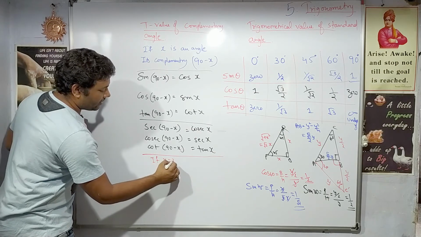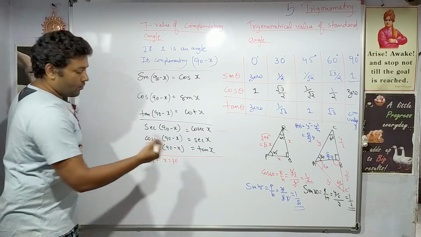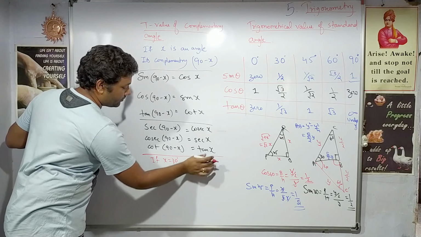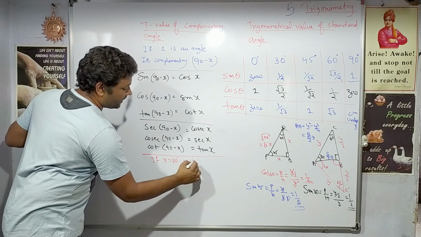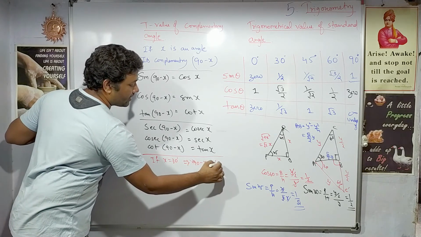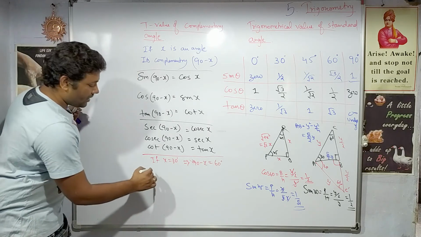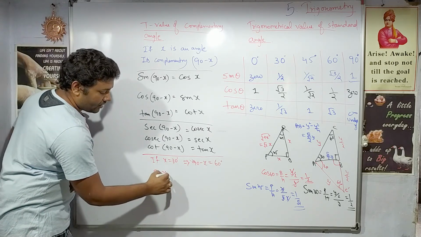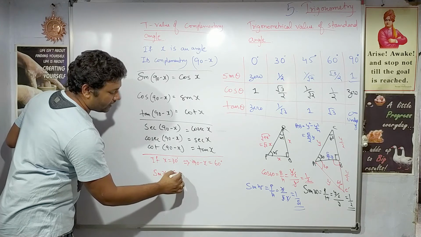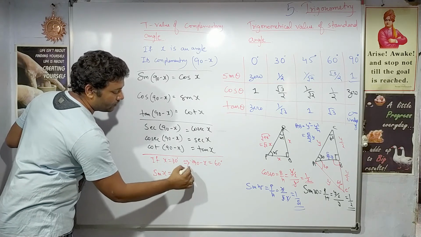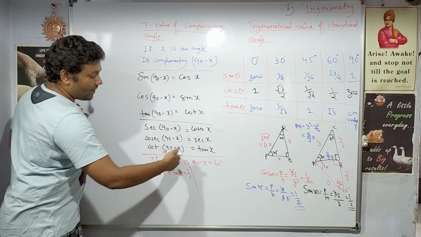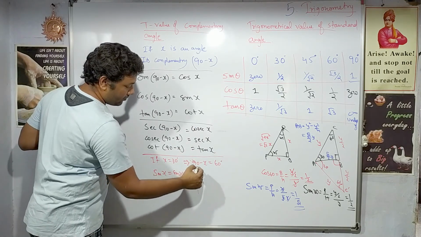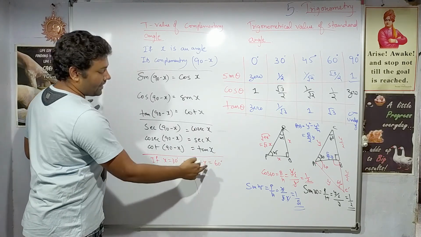If x is 30 degree, what will be its complementary? 90 minus x will be 60 degree. So let me see. If I find sin x, which is nothing but sin 30, what will I get? 1 by 2. Now the complementary value: what is sin 90 minus x?